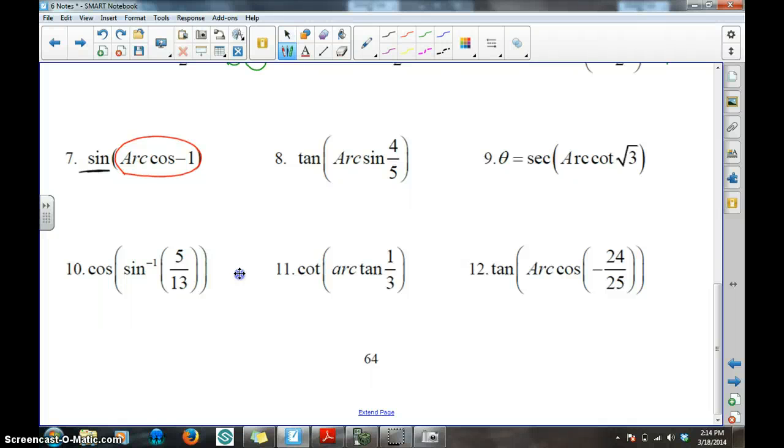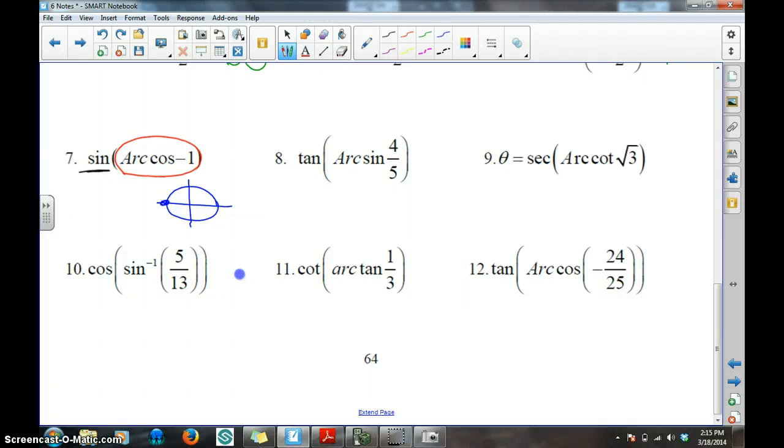So watch how I'm going to do this. When I see these whole number answers, I'm going to be thinking of my unit circle, remembering that cosine is the x coordinate. What angle has an x coordinate of -1? I think I hear it. It's 180.